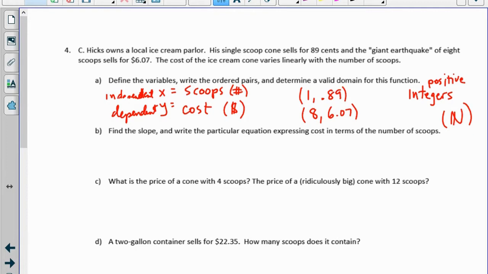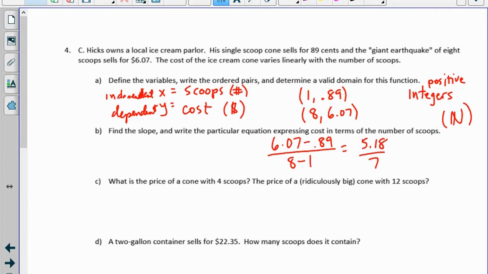Find the slope and write the particular equation expressing the cost in terms of the number of scoops. So I'm going to find the slope, so $6.07 minus 89 cents, divided by 8 scoops minus 1 scoop. So 607 minus 89 is $5.18.